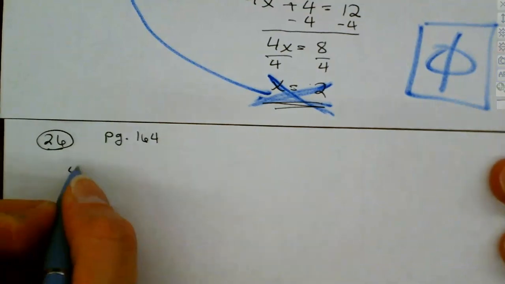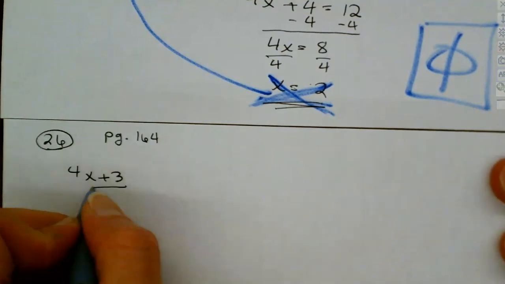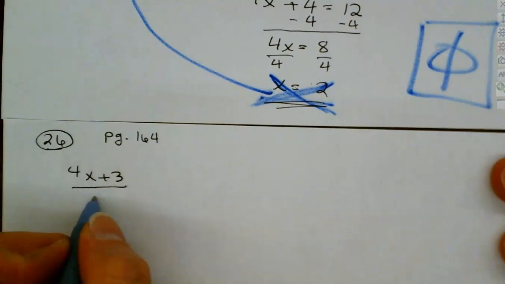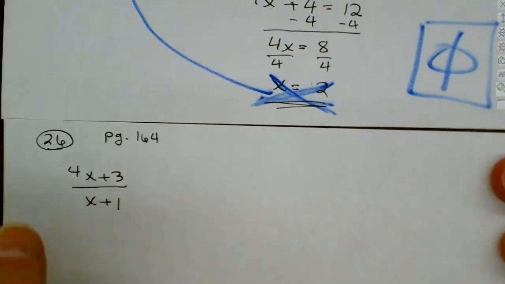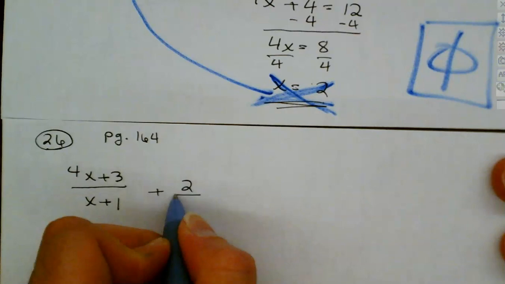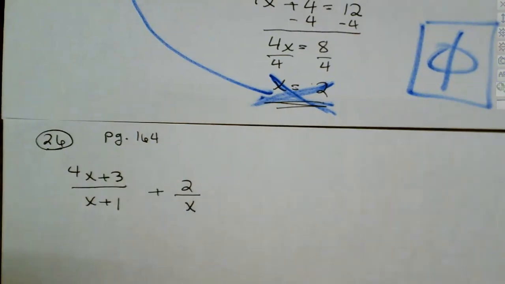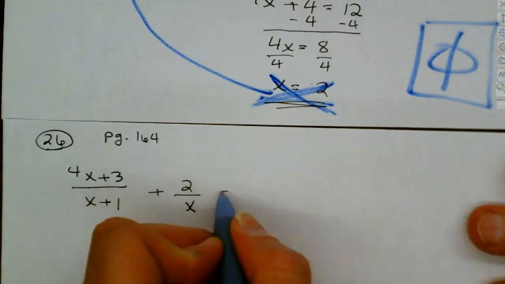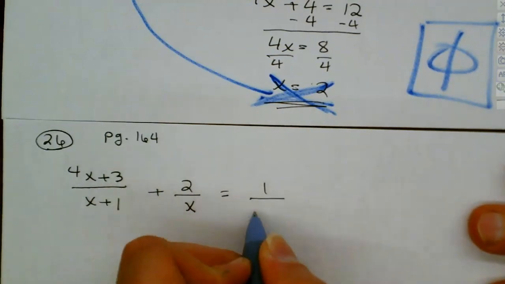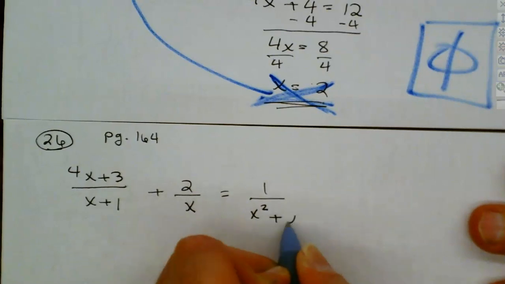We've got 4x plus 3 over x plus 1, plus 2 over x, equals 1 over x squared plus x.